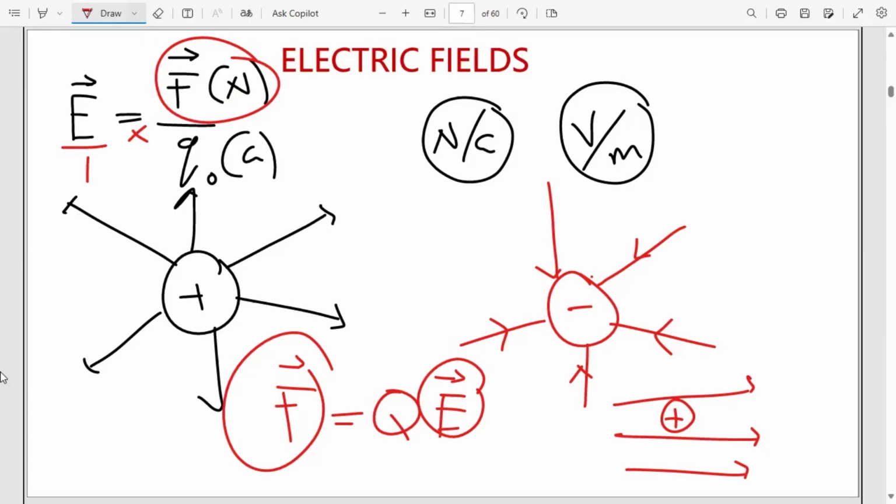So how about the electric field of a point charge?